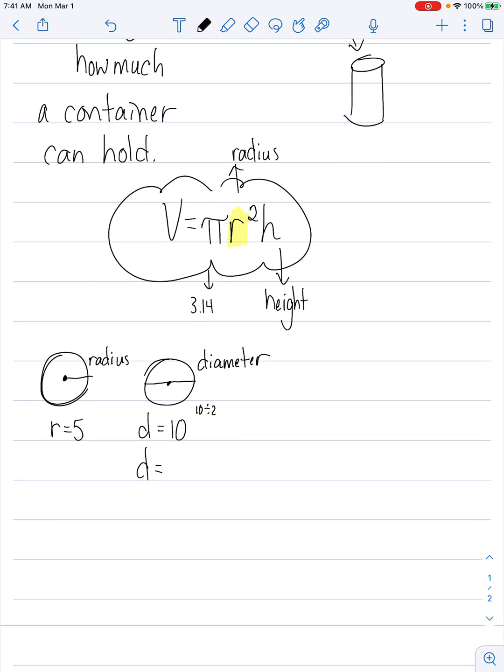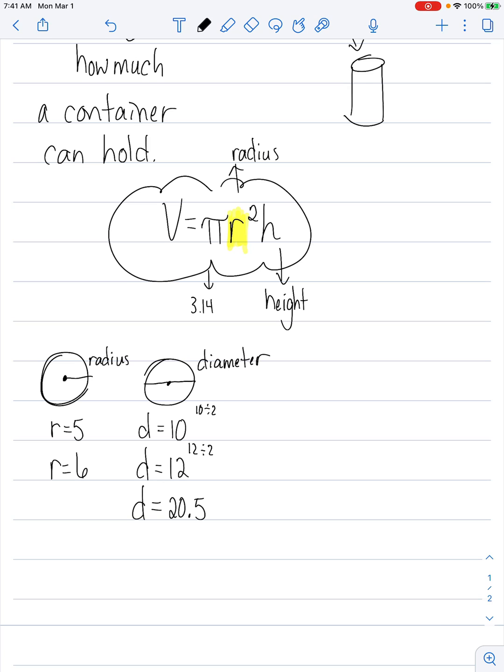Let's say I tell you the diameter is 12. That's the measurement all the way across the circle. Well, to find the radius, like we need up here for our formula, you take 12 divided by 2, and that gives you 6. What if they give you a decimal? What if they give you something like 20.5?